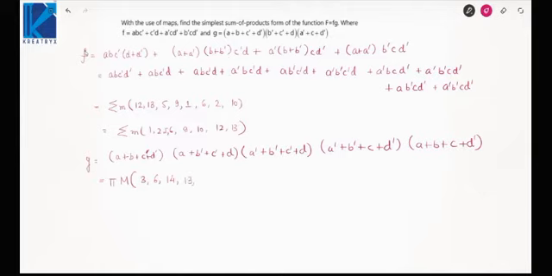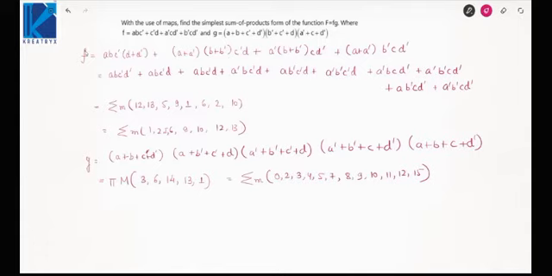Then 0, 0, 0, 1, that is 1. Which means in terms of min terms, how much it will be? 0, 2, 3, 4, 5, 7, 8, 9, 10, 11, 12, 15. Okay. These many terms will be there in the function of G.